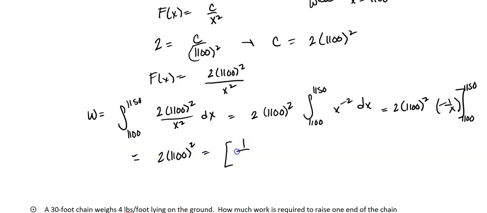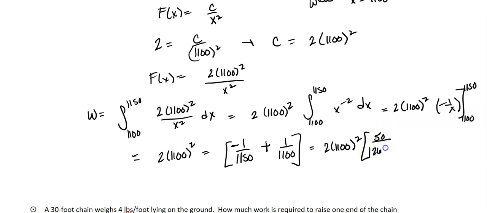So I get -1 over 1,150, minus -1 over 1,100. So I'll change that negative to a positive. Finding the common denominator here, I get 50 over 1,265,000.